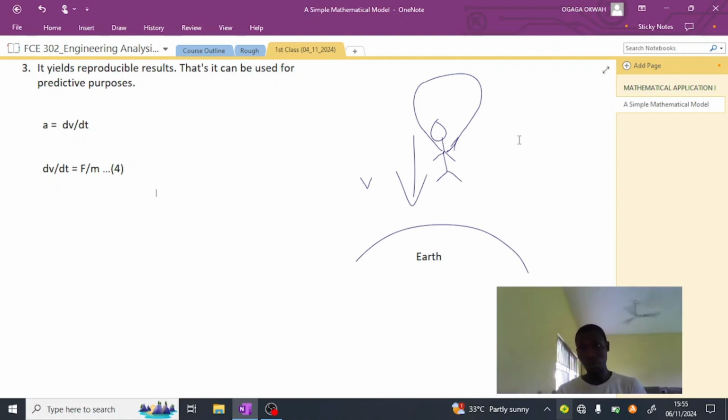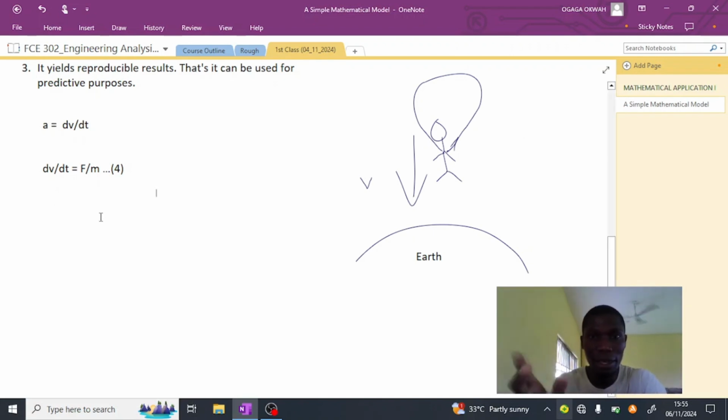Our downward force is from the pull of gravity, which is the acceleration due to gravity multiplied by his mass, because force is mass times acceleration.